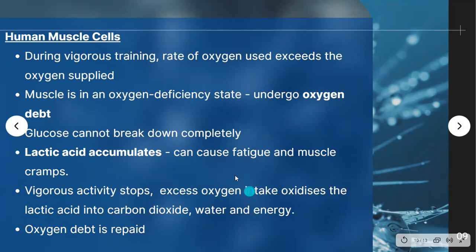So this excess oxygen intake is going to oxidize the lactic acid, and the oxidation of lactic acid is going to produce carbon dioxide, water, and energy, which are your aerobic respiration products. So now we can say that the oxygen debt is repaid, just like how you pay your debt, but we need to inhale more oxygen to pay our oxygen debt.